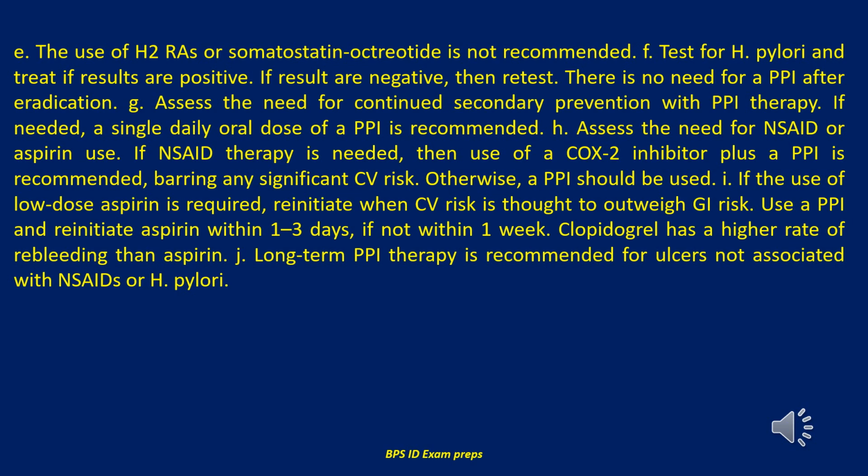Use a PPI and reinitiate aspirin within 1 to 3 days, if not within 1 week. Clopidogrel has a higher rate of rebleeding than aspirin. J. Long-term PPI therapy is recommended for ulcers not associated with NSAIDs or Helicobacter pylori.